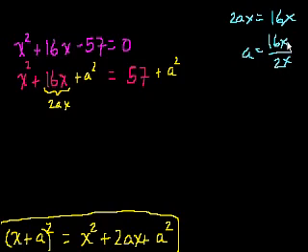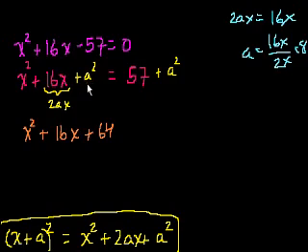And assuming that x doesn't equal 0, this evaluates to 8. Sorry. So a is 8. So if a is 8, we could rewrite that expression, and I'll switch colors arbitrarily, as x squared plus 16x plus a squared, well, 64, because a is 8, is equal to 57 plus 64, right?